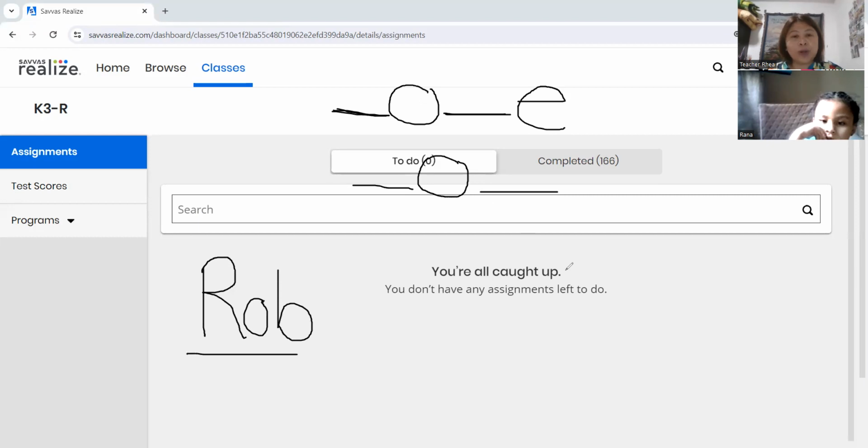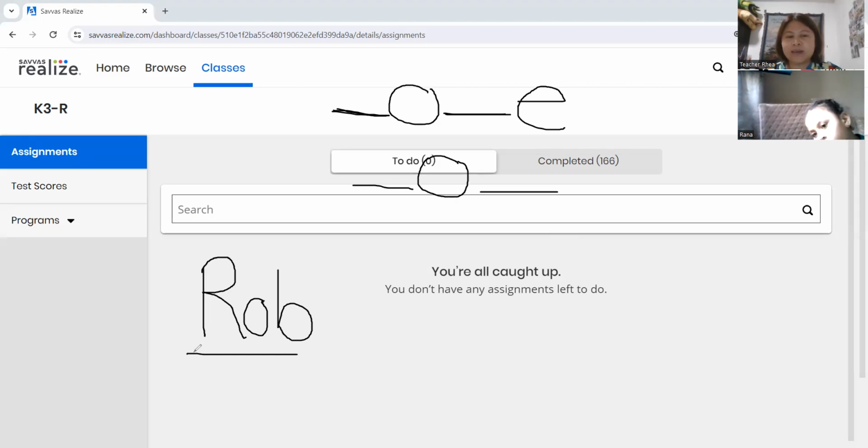Is rob a short O or a long O? Yes, Rana? Short O. Short O is ah, and long O is O.